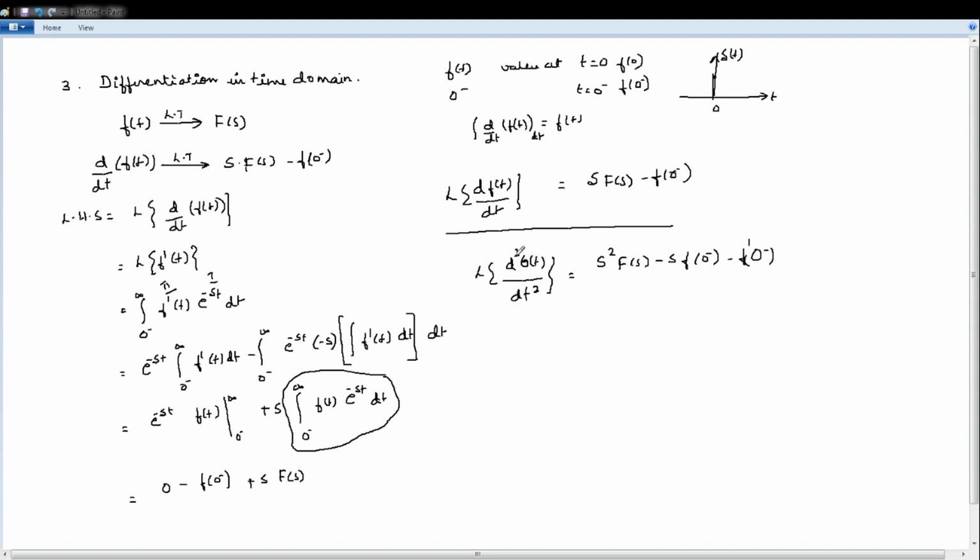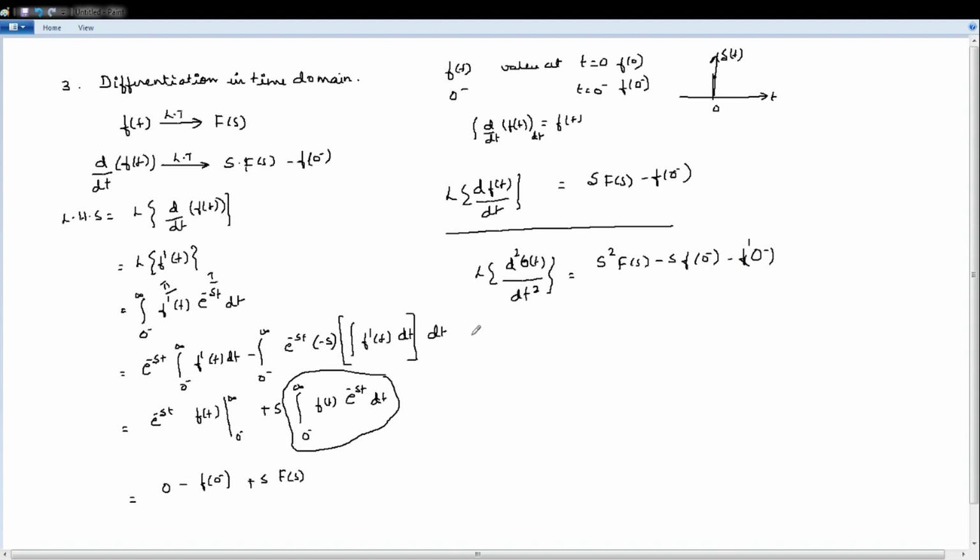Here if you have order 2, you get s square into F of s, because the order is 2, so s square into the Laplace transform of f of t, F of s, minus, one less than this order, s into f of 0 minus, that is the initial value, minus f dash of 0 minus.